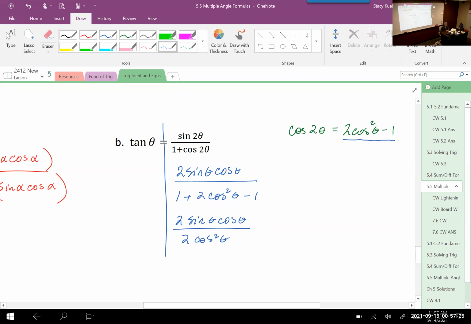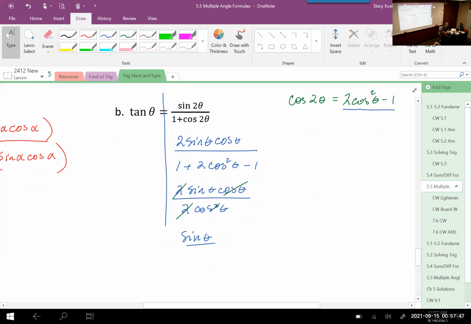Now I have factors and I'm multiplying. So the 2 is common, it will cancel out. Cosine theta in the numerator cancels with one of the cosines in the denominator, leaving me with sine over cosine, which is tangent.